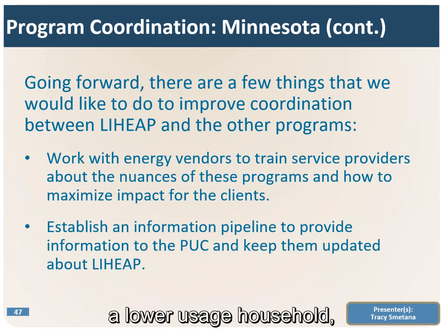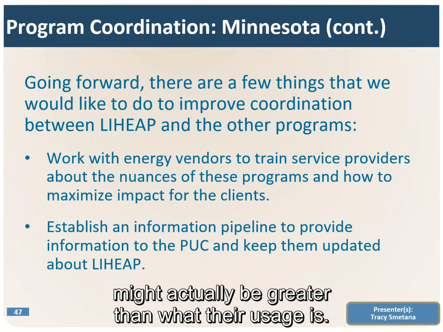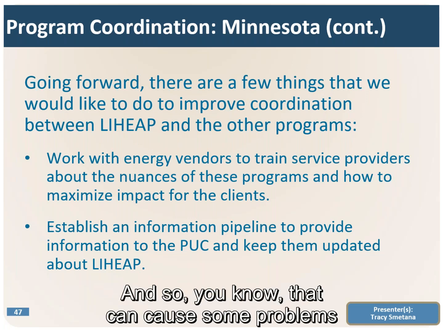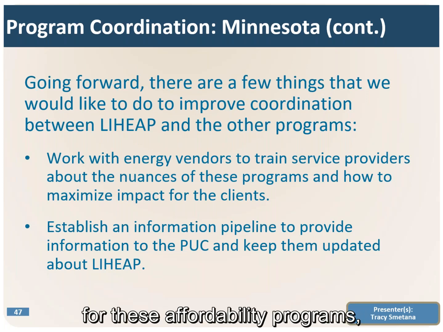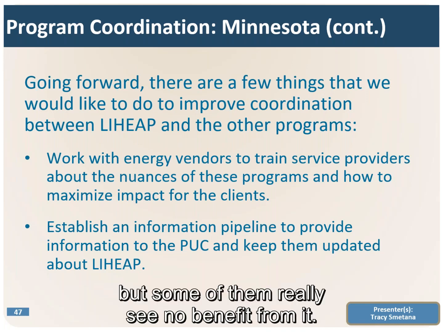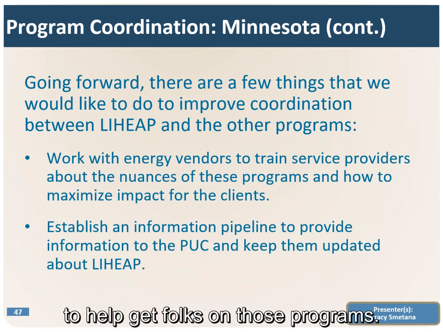A lower usage household, their percentage of income payment might actually be greater than what their usage is. And so that can cause some problems if service providers are out there trying to get all these people signed up for these affordability programs, but some of them really see no benefit from it. It just causes some problems, and it sort of deters the service providers from wanting to help get folks on those programs.